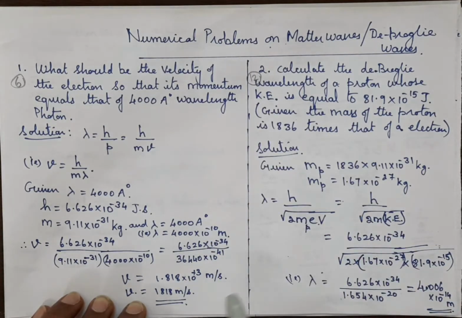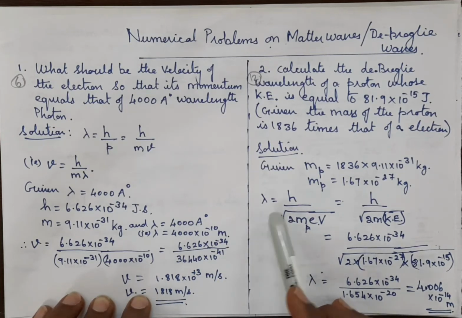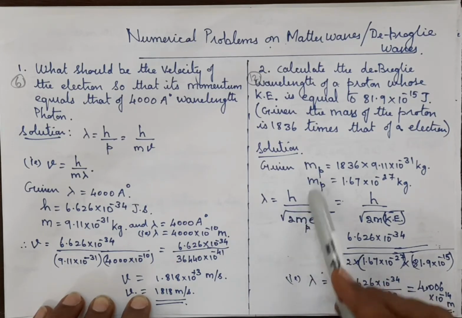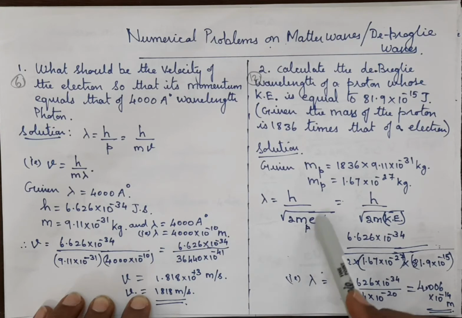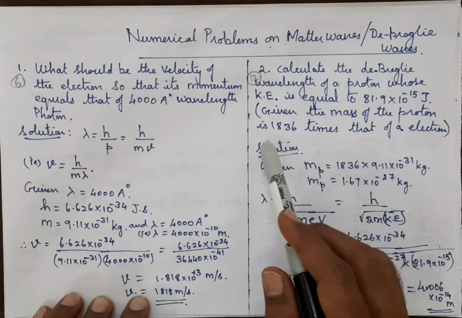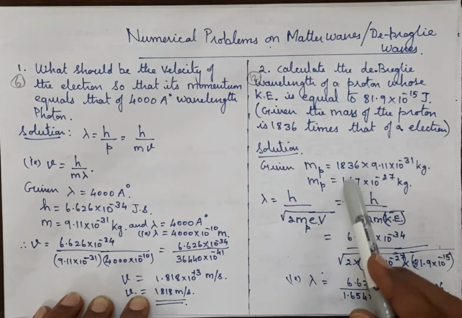Once again we are going to calculate lambda by using the simple formula. Lambda is equal to h by root of 2 mev. We know that, right? eV is the kinetic energy part. What is given? The mass of the proton is taken as 1836 times that of an electron.